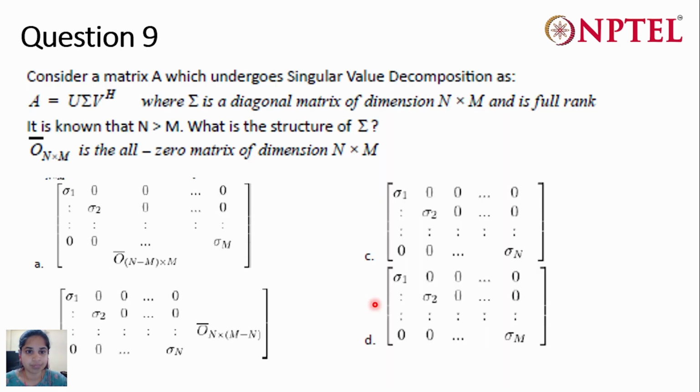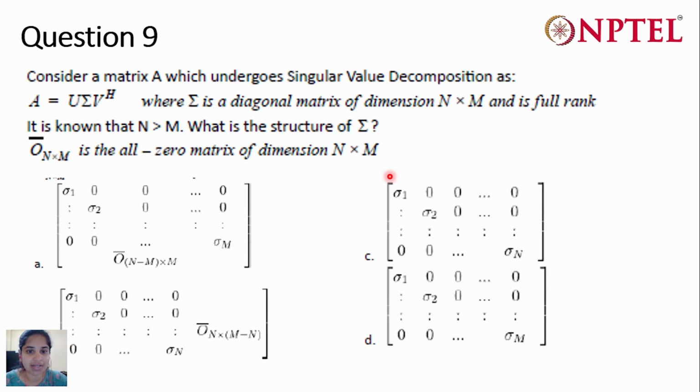Okay. Moving on. Consider a matrix A which undergoes singular value decomposition as A is U sigma into V Hermitian, where sigma is a diagonal matrix of dimension n cross m and is full rank. It is known that n is greater than m. What is the structure of sigma?